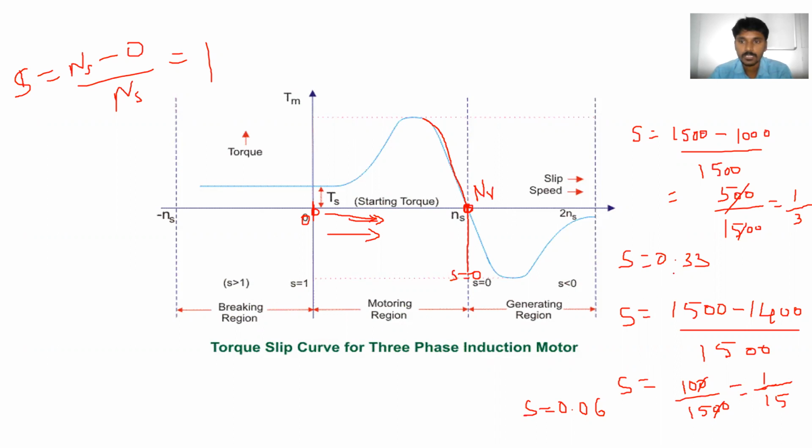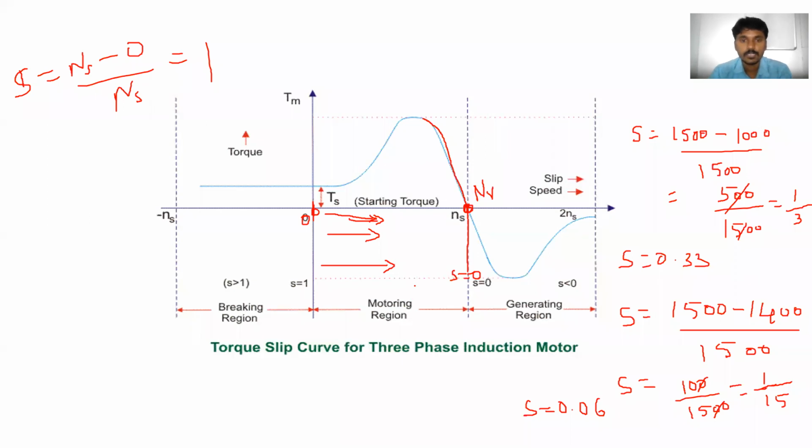What will happen if the motor speed increases from 1000 rpm to 1400 rpm? The slip decreases. Is it right? If the motor speed increases, the slip is going to decrease.